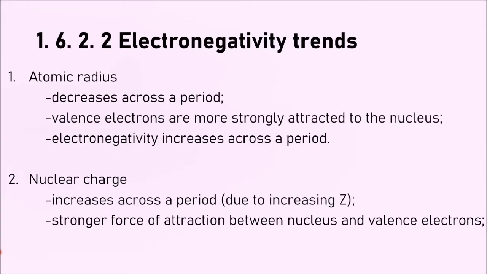That stays the same across the whole period. Nothing changes. We're only adding electrons to the outermost shell. The innermost shell is not affected. Nothing's happening to that. It's all the same. Therefore, the innermost electrons, the ones on the first energy level, experience more and more attraction as the number of protons increases. And the number of protons increases across the period because we have an increasing atomic number, quite simply.